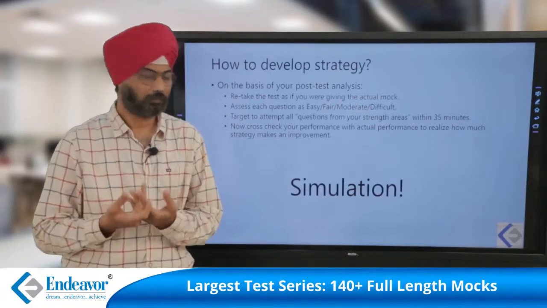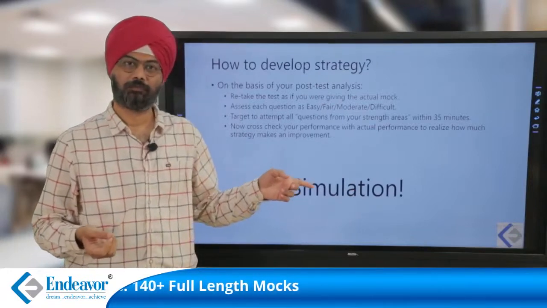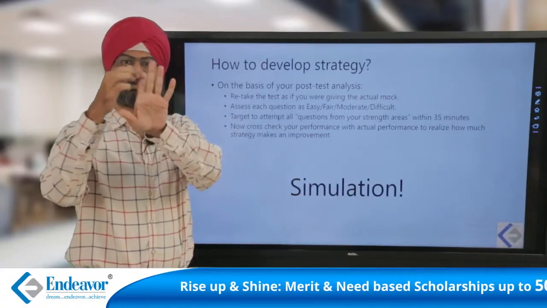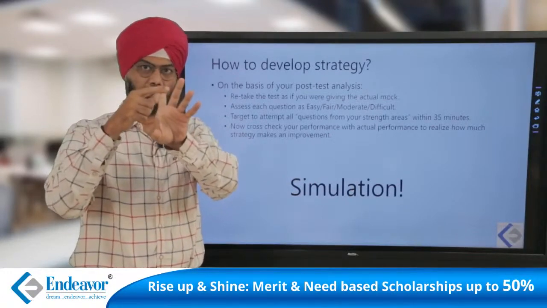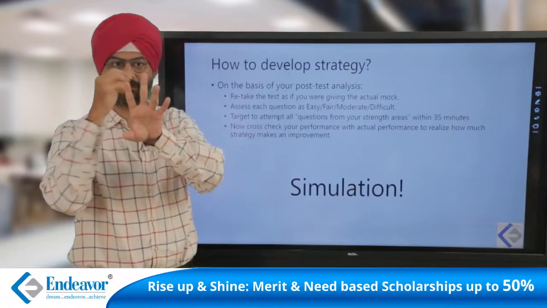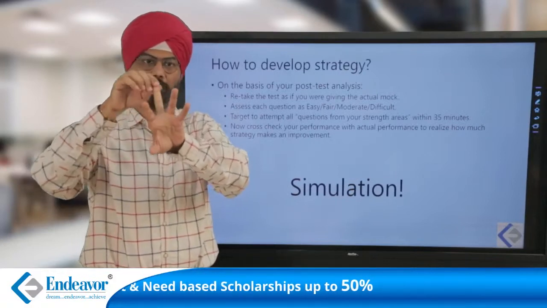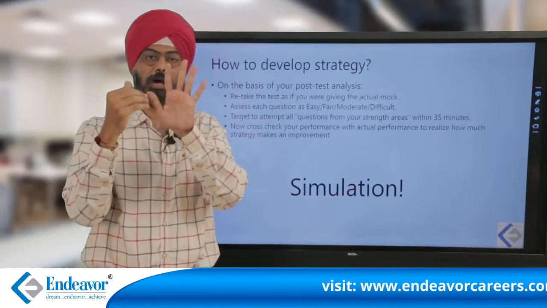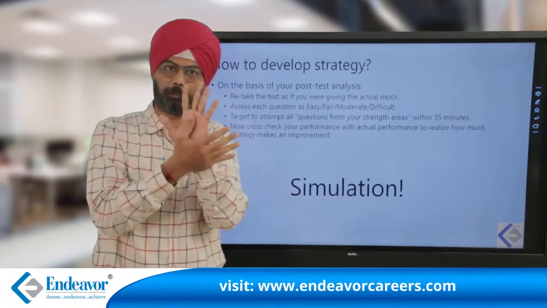How did it happen? It happened with this. There is an analysis that tells you what? Sir, there are some questions which are easy because I could solve them. There are some questions which are fair, others are moderate, the others are difficult. Now I have solved the entire paper.